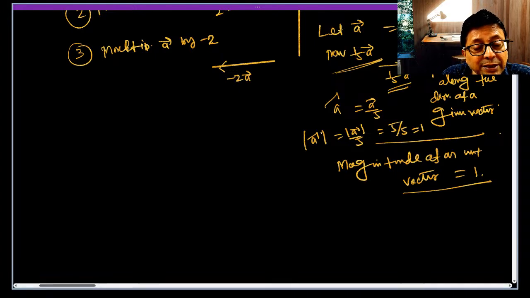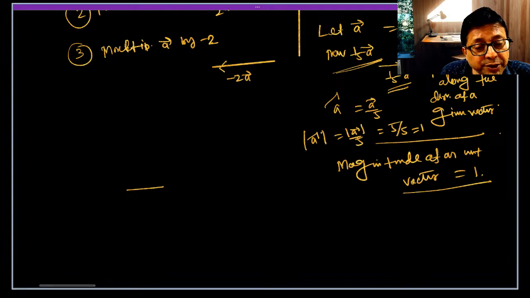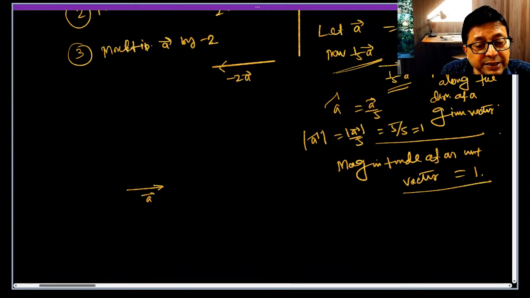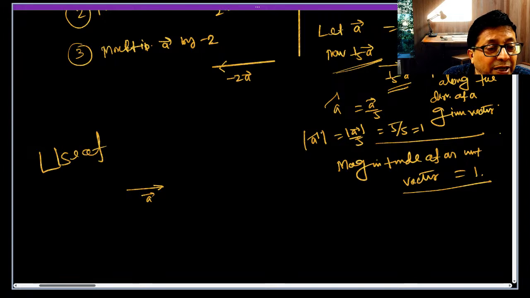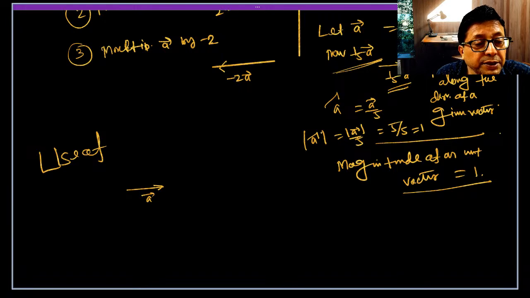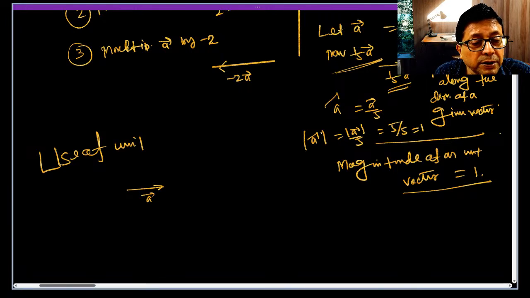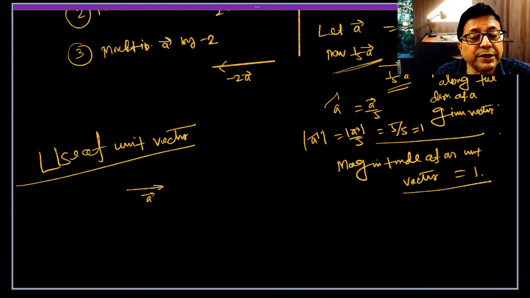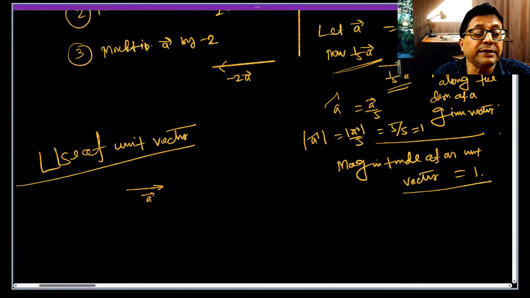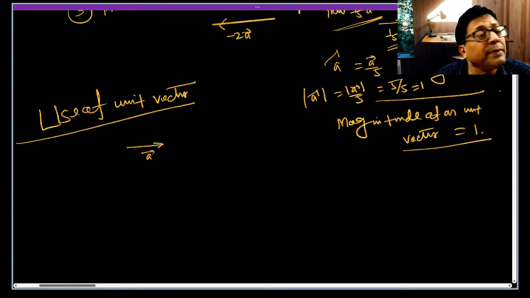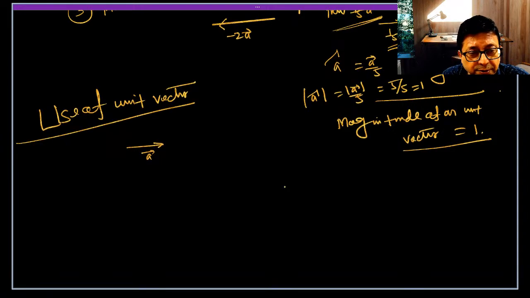One thing I am showing you, if this is vector A, what is the use of the unit vector? Understanding the unit vector in a different way. Use of unit vector: suppose A is a vector given, magnitude also given. A given means everything given.